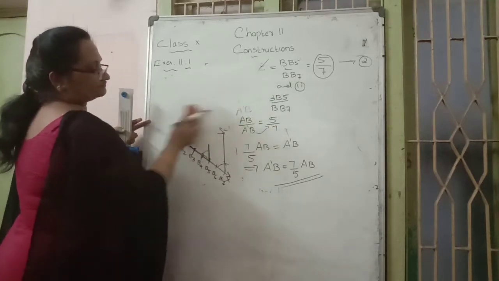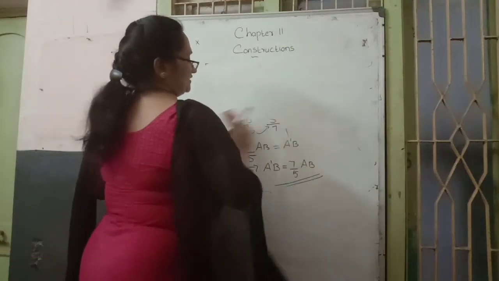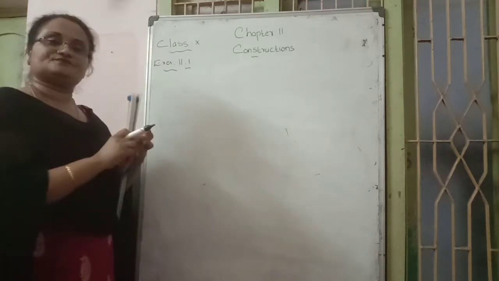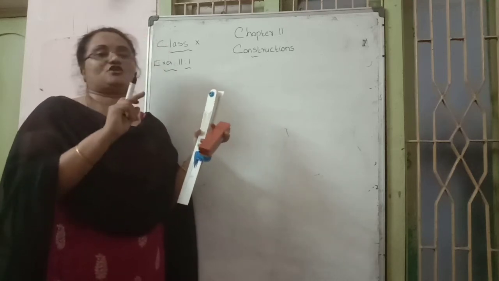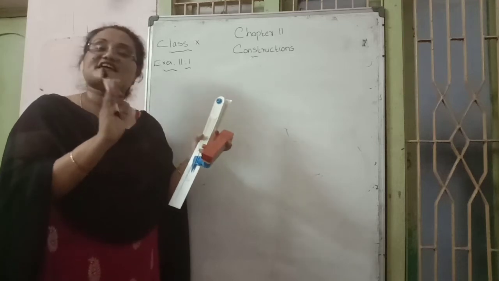Then next we go through the fourth question. Here one isosceles triangle is given. The isosceles specialty: any two sides become equal. All sides are not given.